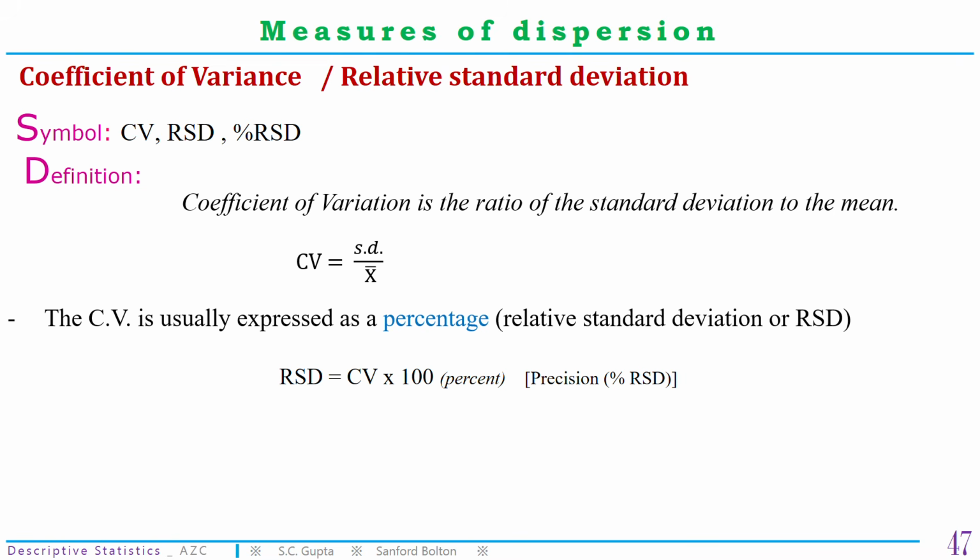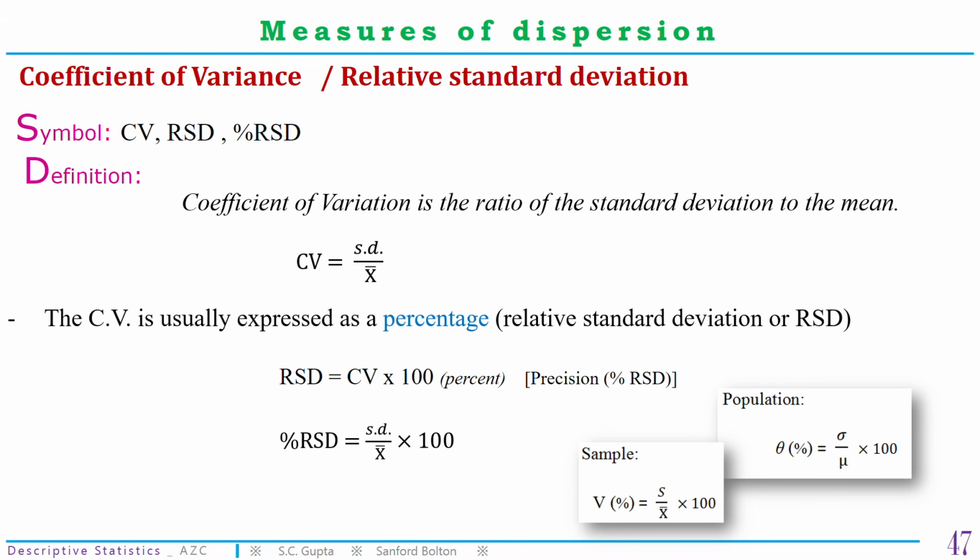The CV is usually expressed as a percentage, that is, relative standard deviation or RSD. So, equation of percentage RSD is standard deviation upon X bar into 100. In different reference books or other sources, you may see various symbol in this equation.